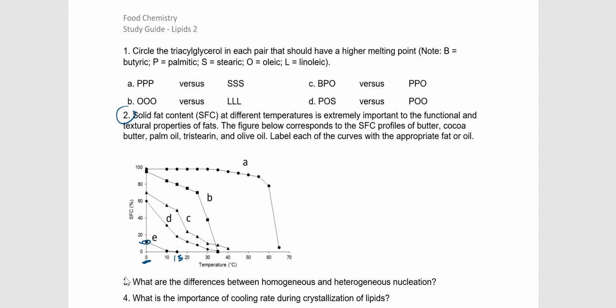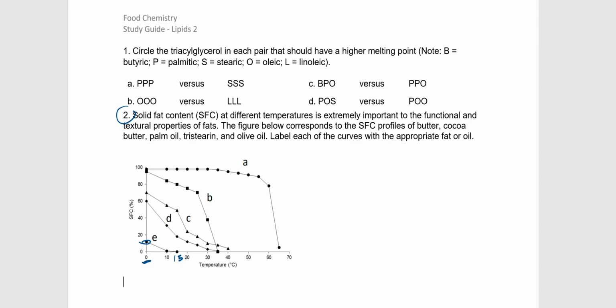Okay, let's write here. So 0% solid at room temperature, right? So that means this lipid is liquid at room temperature because it has 0% solid.